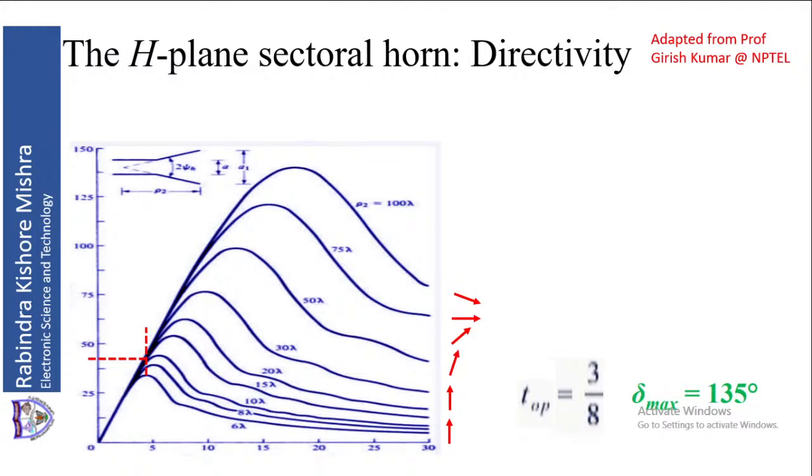Now, why does it go up and come down? You can see it goes up, then gradually comes down. You can also join all the peaks, and they will also lie on a straight line.